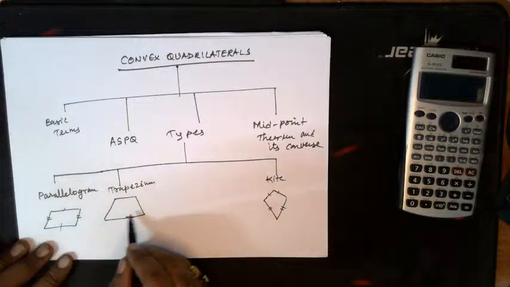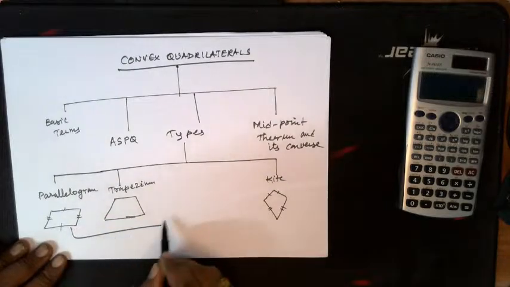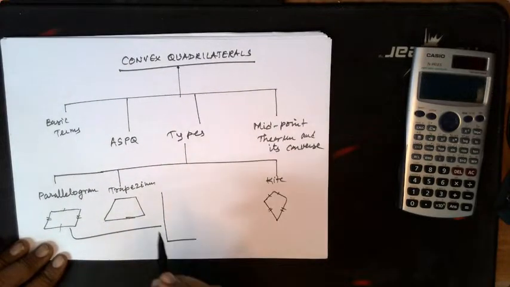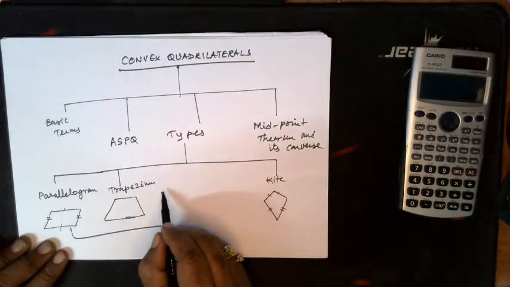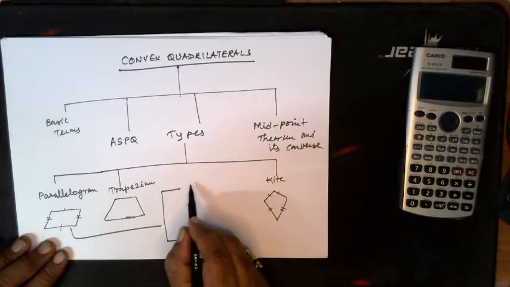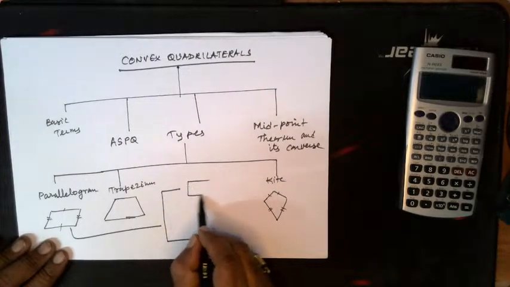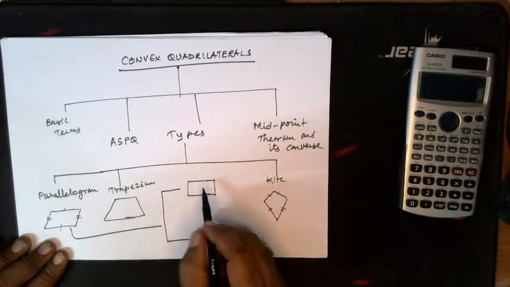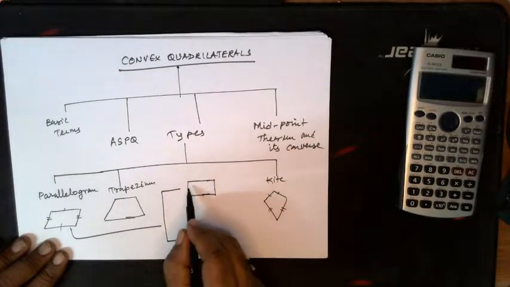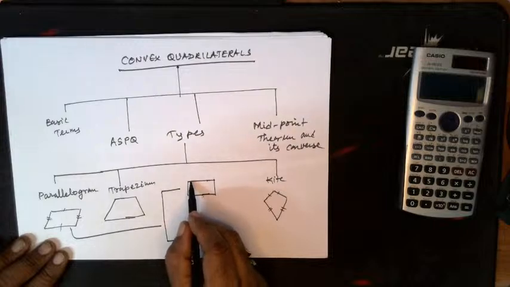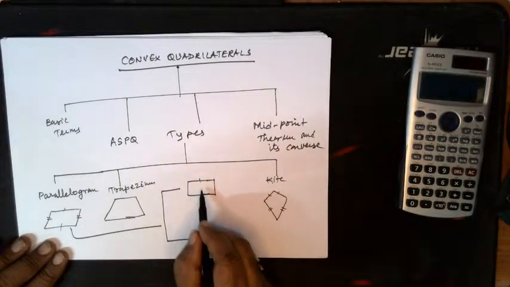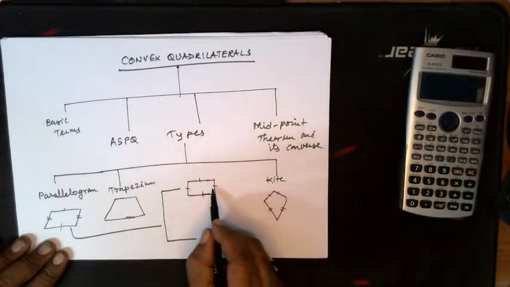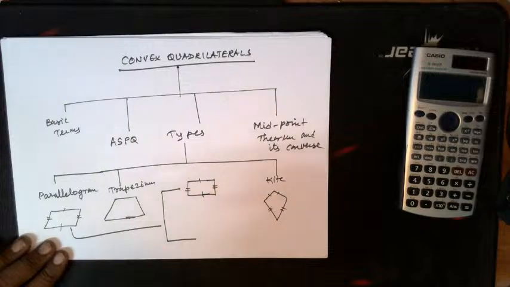And under parallelogram we have the following. A rectangle is one of the parallelograms, but what makes the difference? Opposite sides are equal and all angles are equal, that is, 90 degrees.